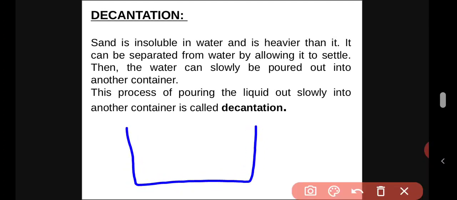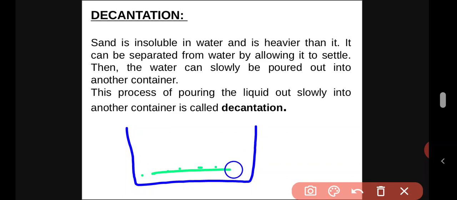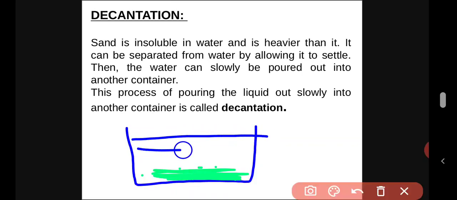Sand, which doesn't get dissolved in the water, has settled down at the bottom of the container, and the water remains above.